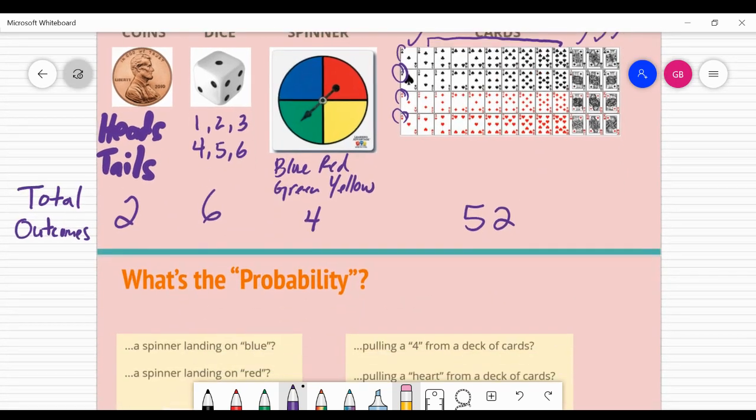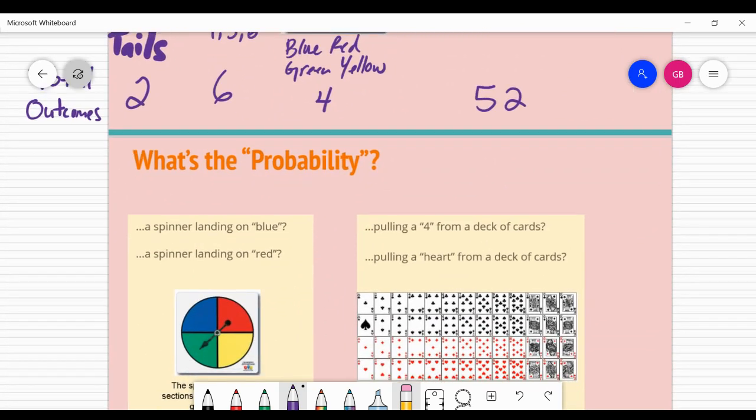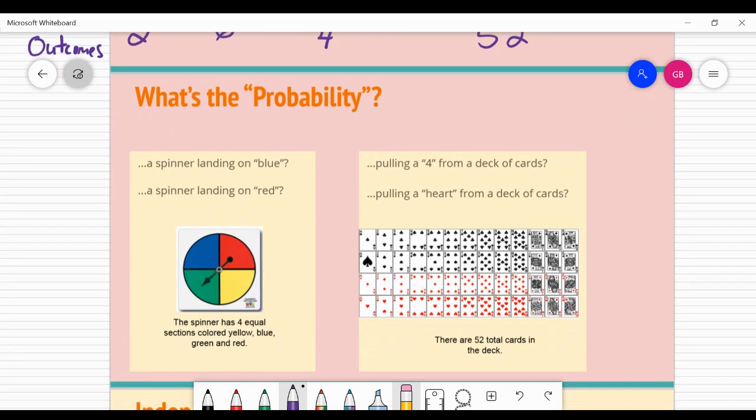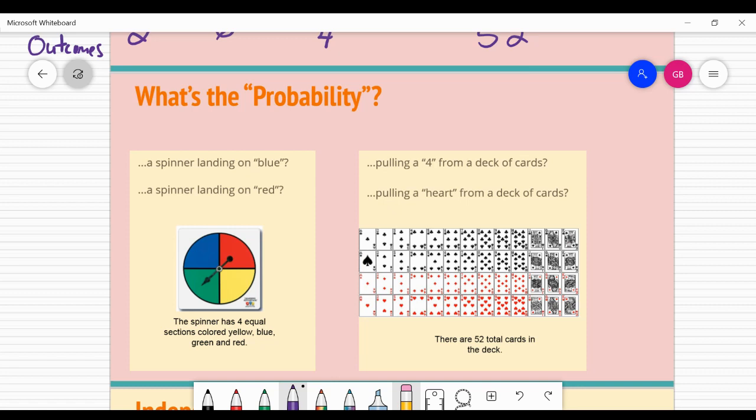Now we'll get into probability. You need the sample space. For example, what is the probability of landing on blue? Well, the probability of landing on blue is 1 because there's only one blue section out of 4 because there's a total of 4 sections.